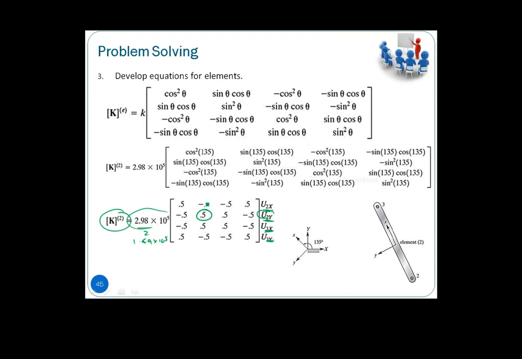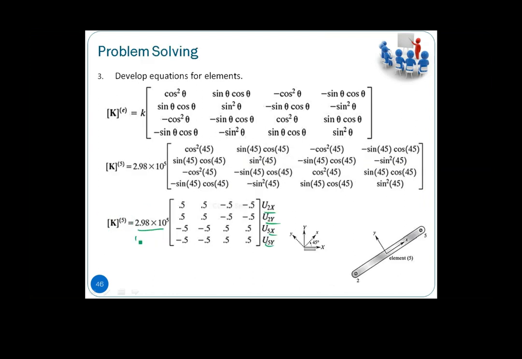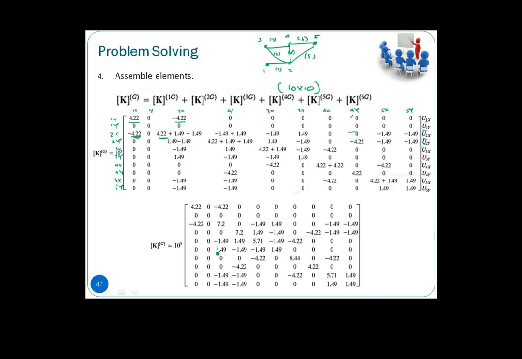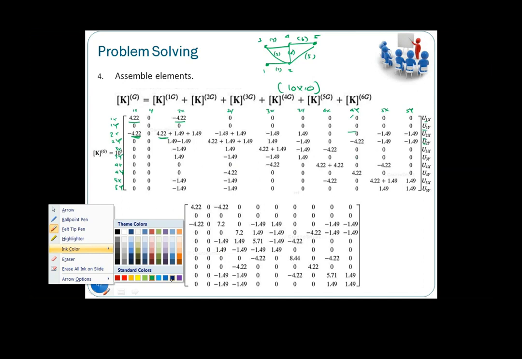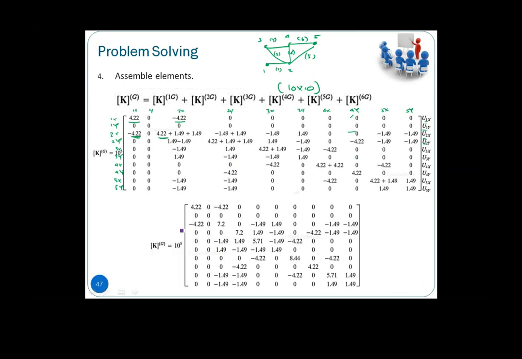2y is positive, and also 1.49, this 2y is positive, and 10 power of 5. Right? So here comes the second node that covers so-called 2y.